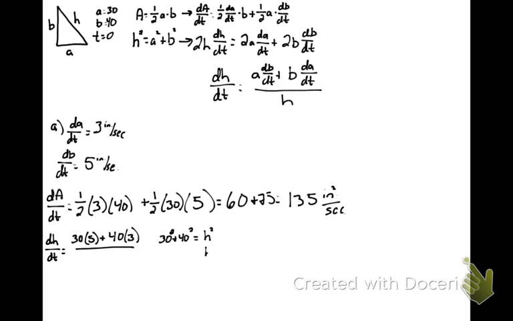When we solve for h, we'll find that it's 50, and perhaps you recognize this as a Pythagorean triple. As we simplify, we'll find that dH dt is equal to 27 fifths, and since this is a length, it would be inches per second, or we could say it's 5.4 inches per second. That's how much the hypotenuse is changing under those circumstances.